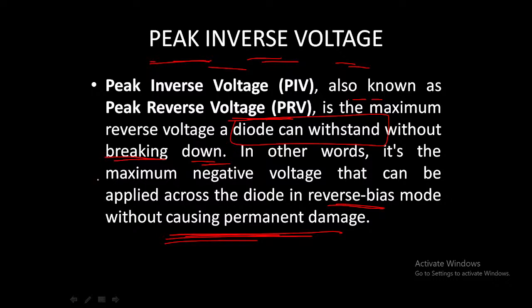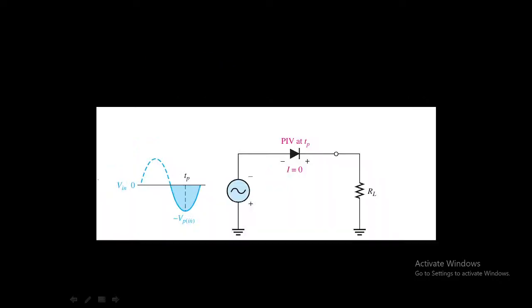That causes damage to the diode. So the peak inverse voltage is the maximum voltage at which the diode is not permanently damaged. That maximum voltage is known as peak inverse voltage.